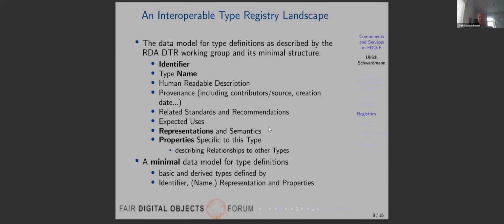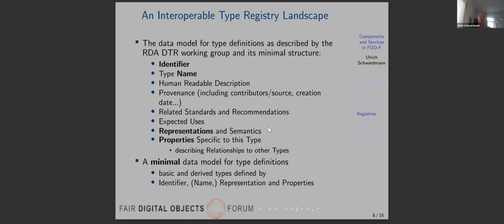In the former RDA working group about data type registries, a data model was developed, and this has a lot of different aspects. There's an identifier, a name, a readable description, provenance information, related standards, expected uses, and then there is a chapter on representation and semantics and a chapter about expected properties.